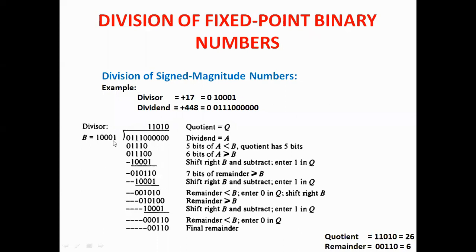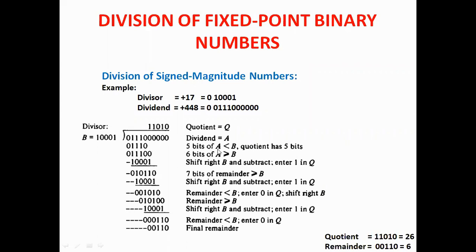Obviously we cannot subtract this divisor from this. As in decimal, we bring an extra digit from here, then only we can proceed. We cannot do a subtraction because the first 5 bits of the dividend are smaller than the divisor.